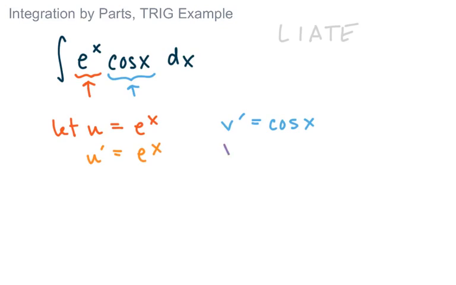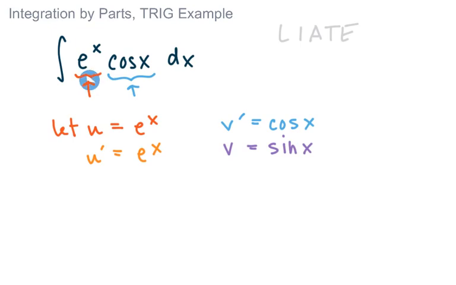And if I look at v, integrating cosine x gives me sine x. I could likely solve this problem if I had chosen cosine x to be my u value instead of e to the x. But we're going to see an interesting pattern here.